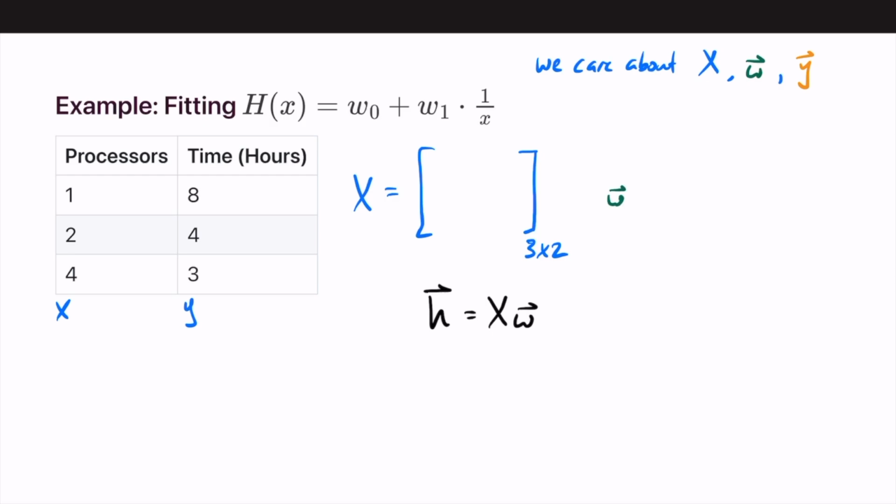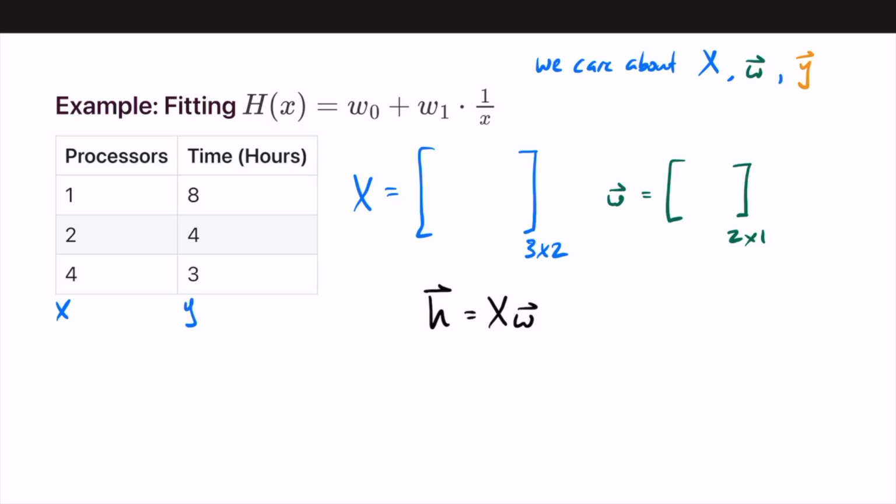So we know that our parameter vector needs to be a 2 by 1 because these two need to match. So let's go ahead and actually do our parameter vector first because that's super easy.